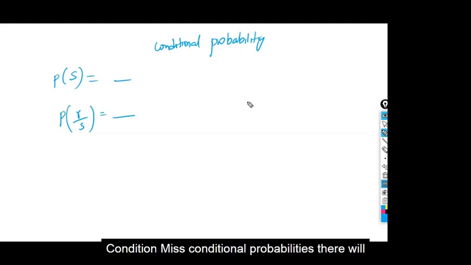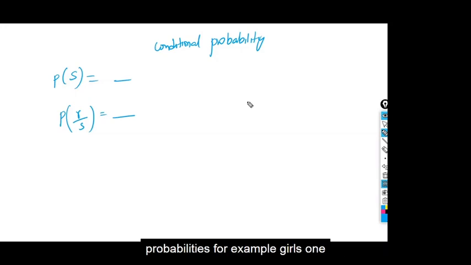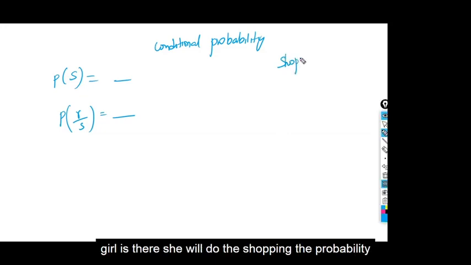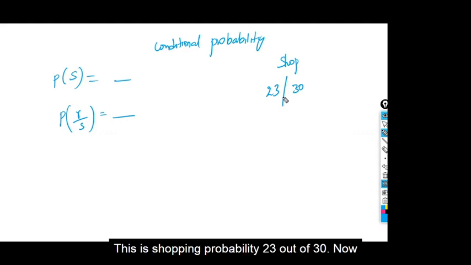Conditional probability means there will be one condition, and based on the condition, we are going to calculate the probabilities. For example, one girl is there. She will do the shopping. Out of 30 days in a month, she will do it on 23 days, assume. This is shopping probability, 23 out of 30.